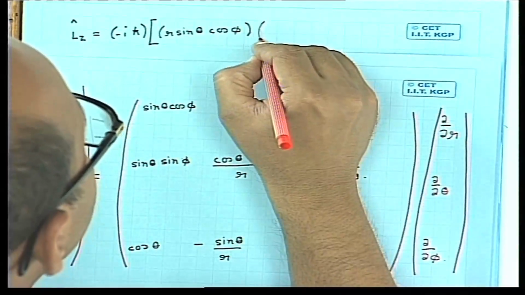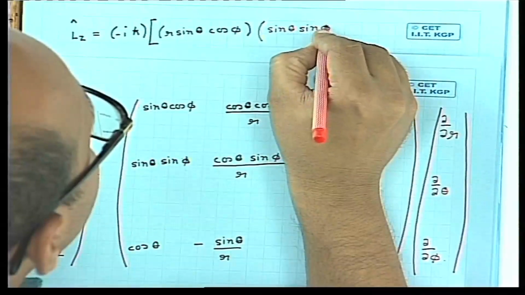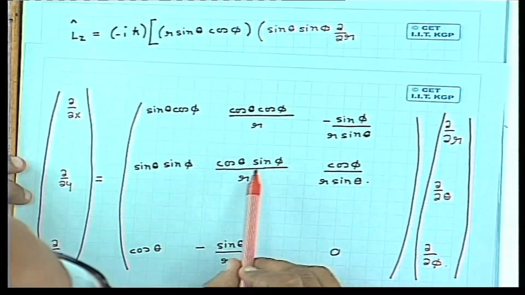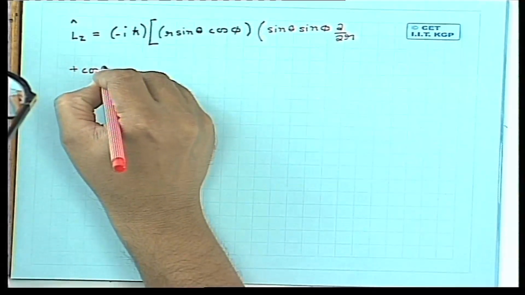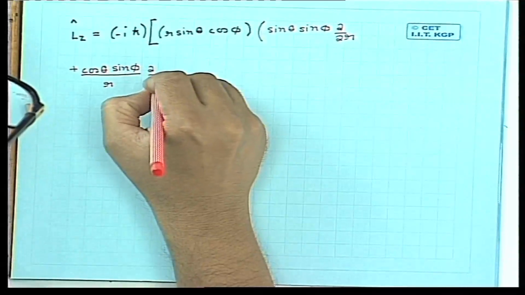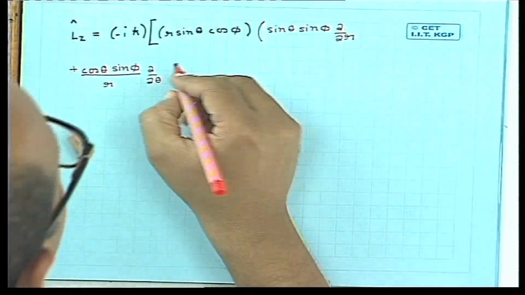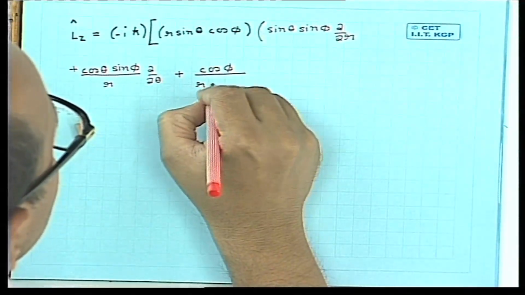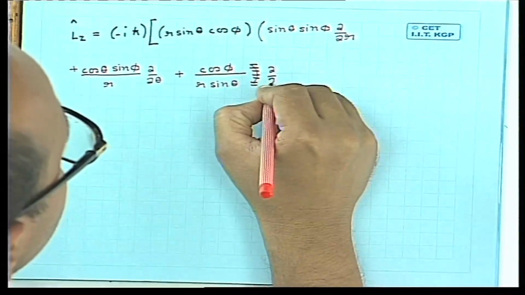Then we have the second term, which is plus cos theta sin phi by r into del by del theta, and then we have the third term, which is plus cos phi by r sin theta into del by del phi.